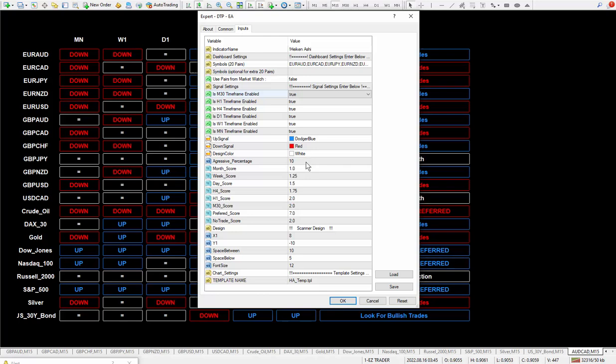Now, this one right here, aggressive percentage, it's set at 10, and basically this will allow on the Heikin Ashi candle, if you're buying, a little bit of a wick on the bottom, and if you're selling, it'll allow a little bit of a wick on the top.